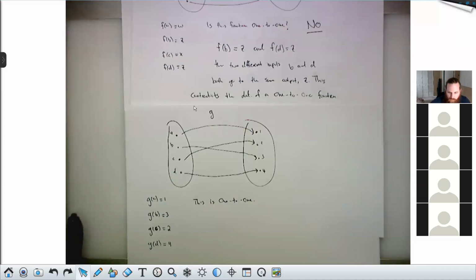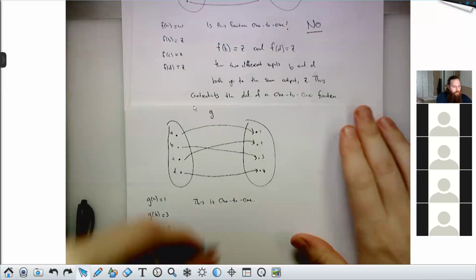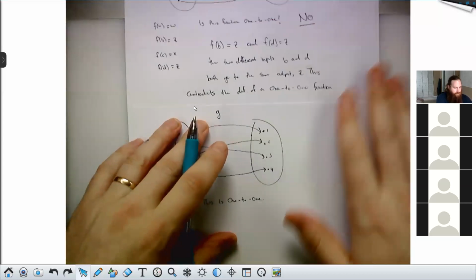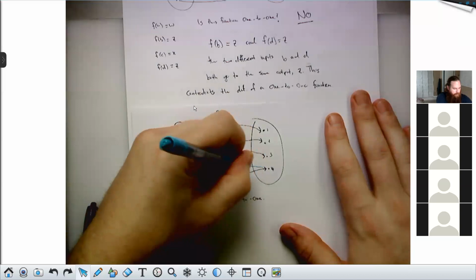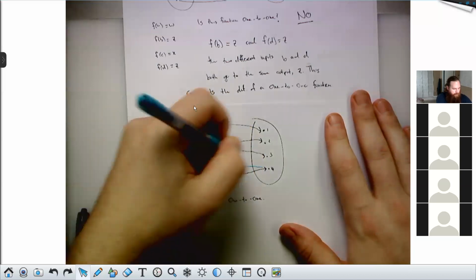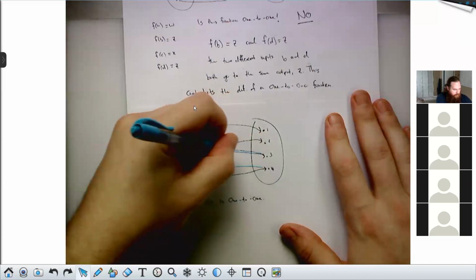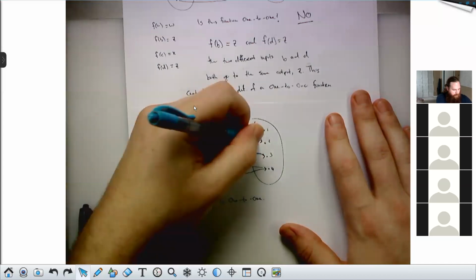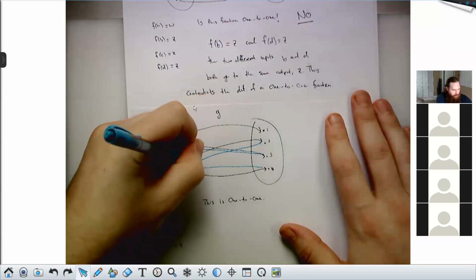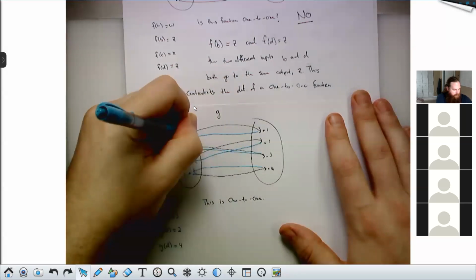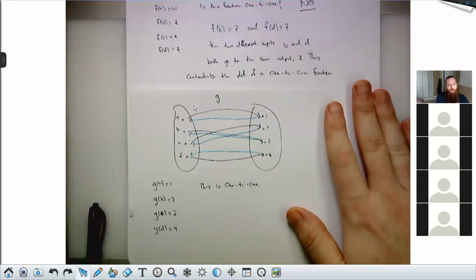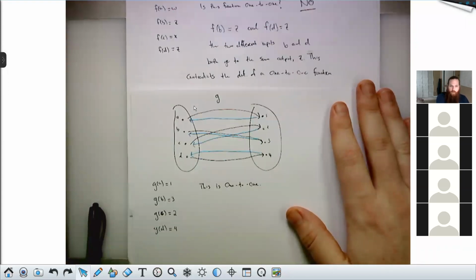Why do I care? Well, sometimes we want to reconstruct the inputs from the outputs. If I turn each of these arrows around, the blue arrows do define a function.